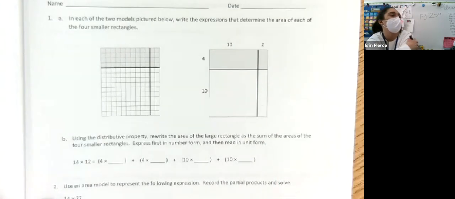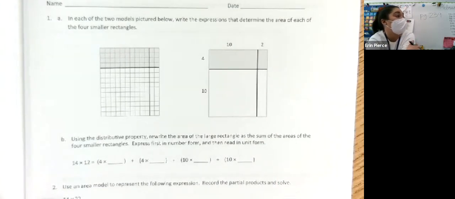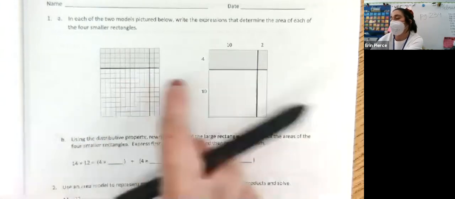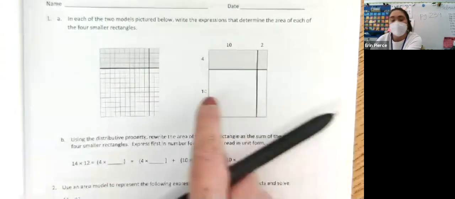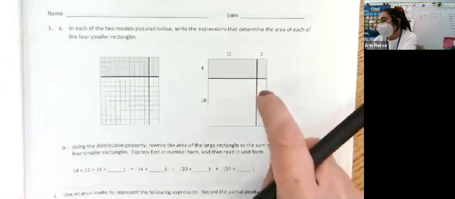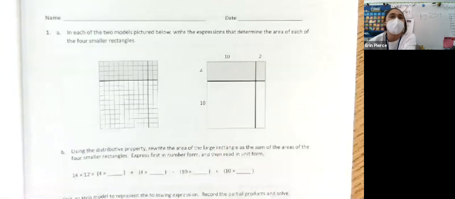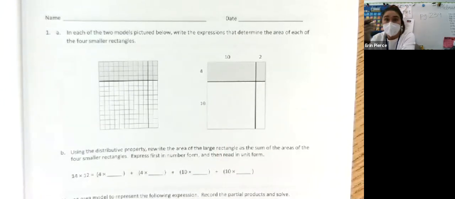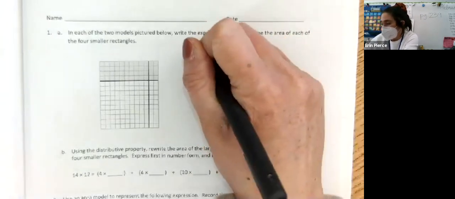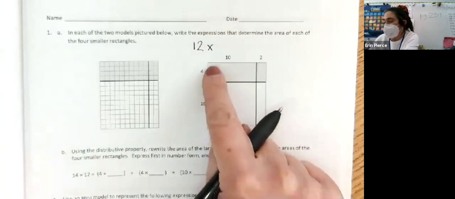We're figuring out the multiplication problem that they started with. So if I look at they're both the same, but they have a grid for this one. What number is 10 and 2? 12 times, and what's going down?